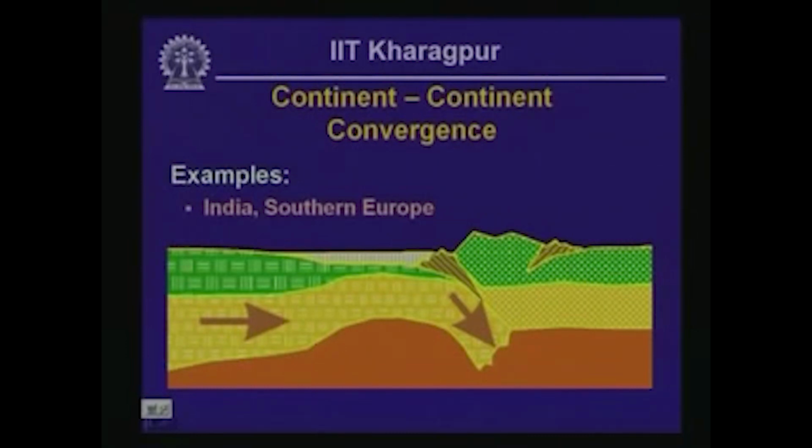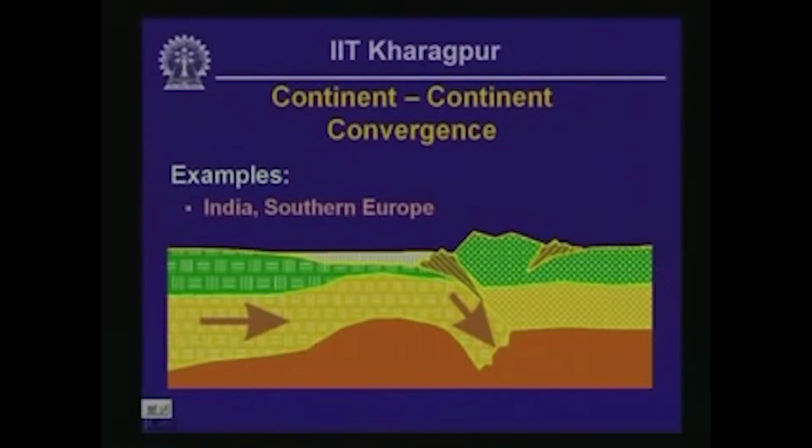One important feature to notice here is that since continental plates typically are of similar density, the subduction of one continental plate underneath the second one gets muted.